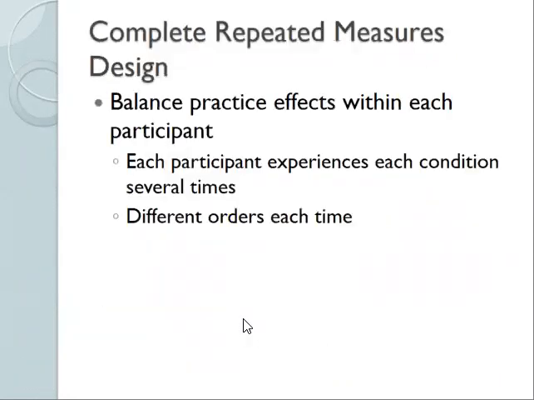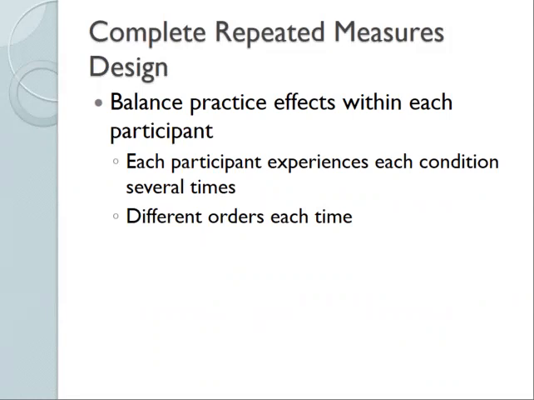Okay, so for complete repeated measures, every participant does each condition or each level of the independent variable multiple times. Okay, so we are balancing practice effects within each participant. So each participant experiences each condition several times, and what we do is we vary the order each time.